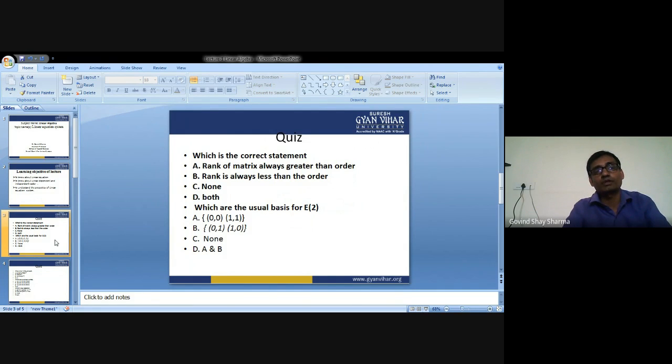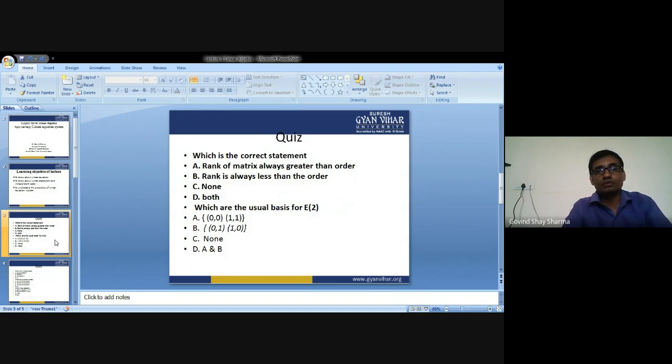So the rank of a matrix can never be greater than the order of the matrix. So B is the right option: rank is always less than or maybe equal to the order.